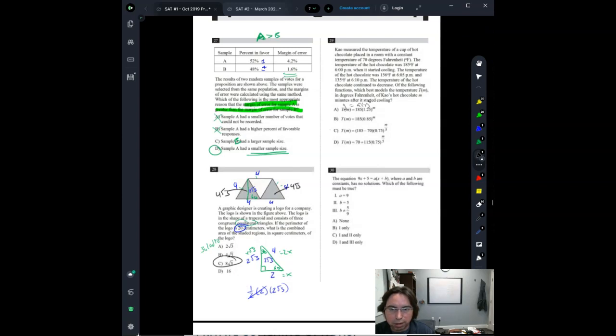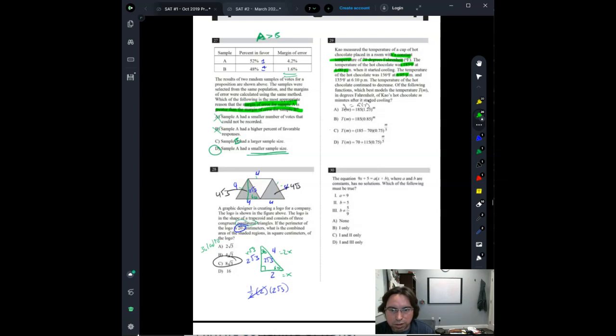So here it says Cal measured the temperature of a cup of hot chocolate placed in a room with a constant temperature, 70 degrees Fahrenheit. The temperature of the hot chocolate was 185 at 6 p.m. when it started cooling. The temperature of the hot chocolate was 156 at 6:05, and 135 at 6:10.